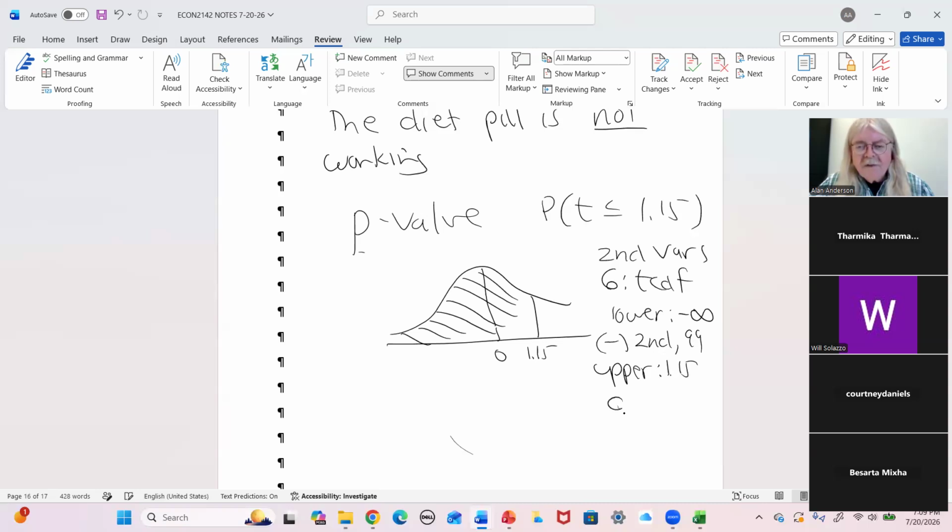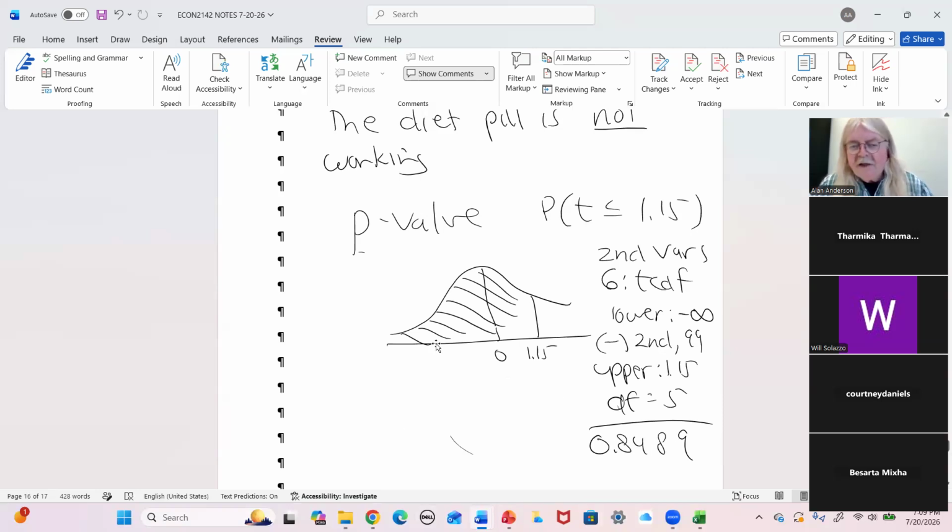And degrees of freedom is 5. This is going to be, yeah, 0.848.